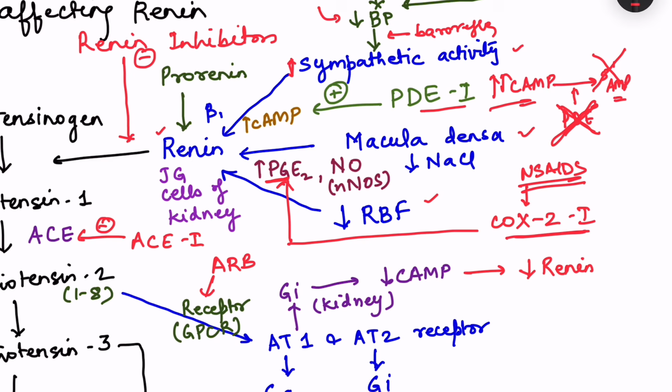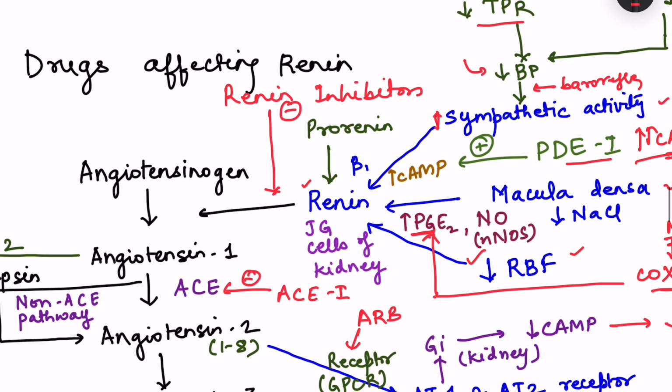And this is important because the effect of these NSAIDs on renin release affects the function of the body, and it directly causes a decrease in renal blood flow as well, because prostaglandin E2 is one stimulus for vasodilation as well. So, because of the decrease in prostaglandin E2 production, there is a decrease in renal blood flow and kidney damage can occur.